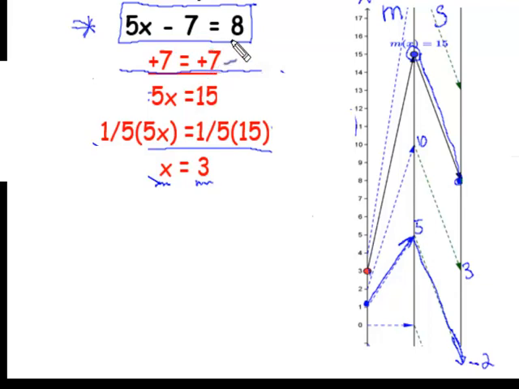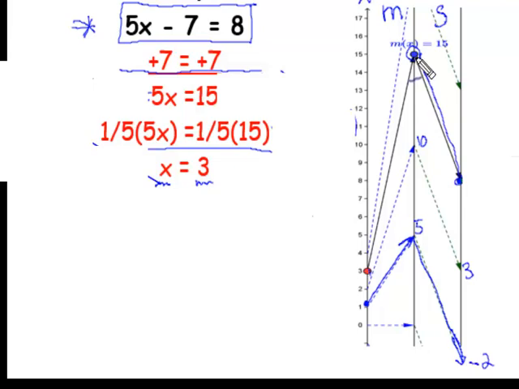What we did is recognize that 5x minus 7 was a function composed of two functions. First multiply by 5, then subtract 7. To find out when that would give us a result of 8, we traced back, first undoing the subtraction of 7 by adding 7. That gives us the number 15.